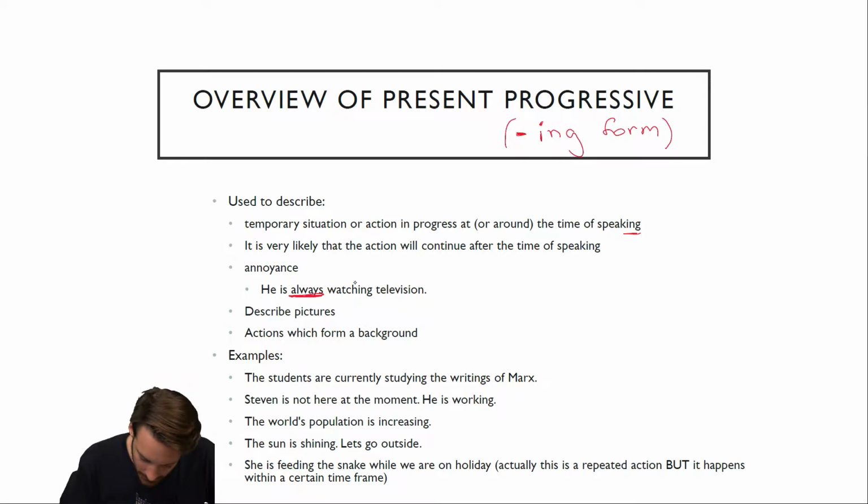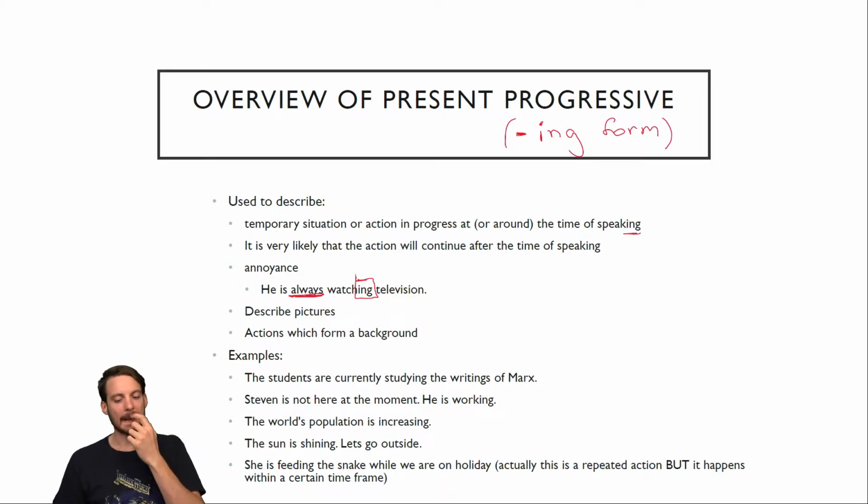There is the ing added to the end of the verb. In this case, it expresses annoyance. The person is really annoyed that he or she, in this case he, is always watching television.